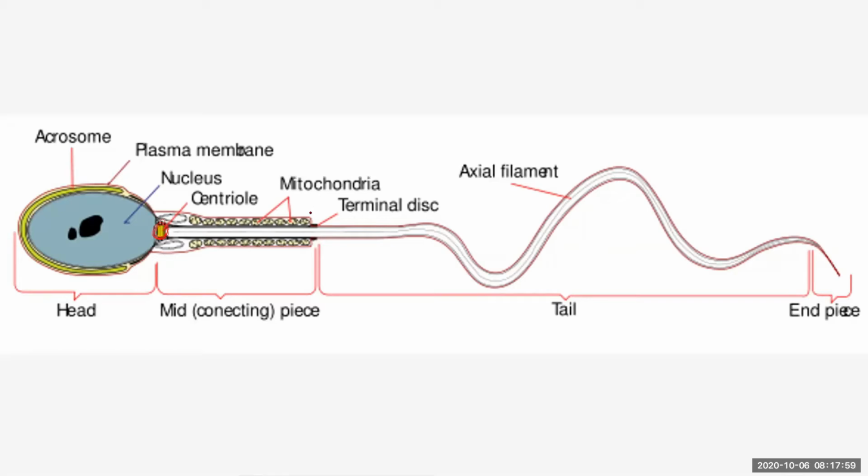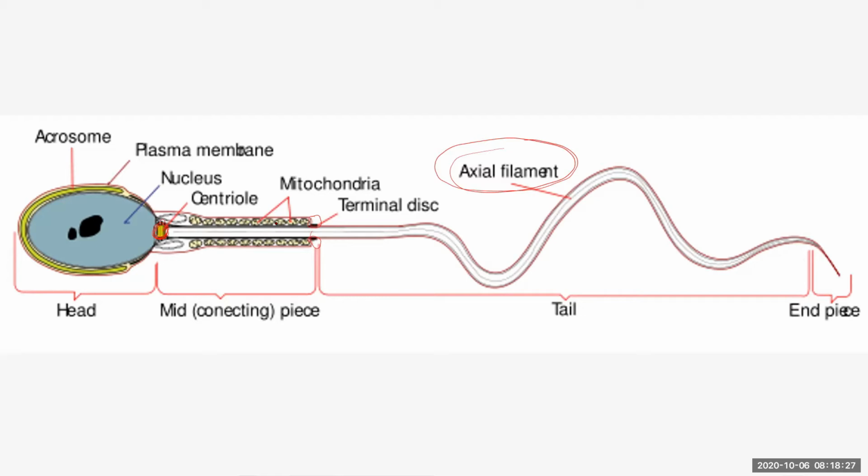Then we have the terminal disc. The terminal disc signals the end of the mid-piece. This is the end of the mid-piece, the terminal disc. Then we have also the tail and the end piece. The tail is actually made up of a filament. So it's a long filament, and this is used for the movement of the cells.